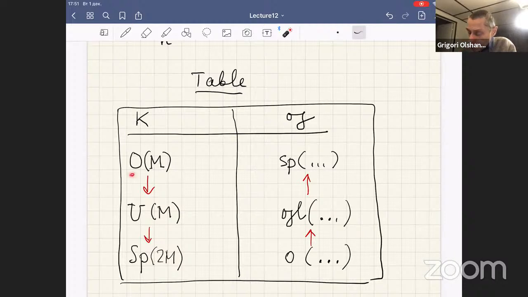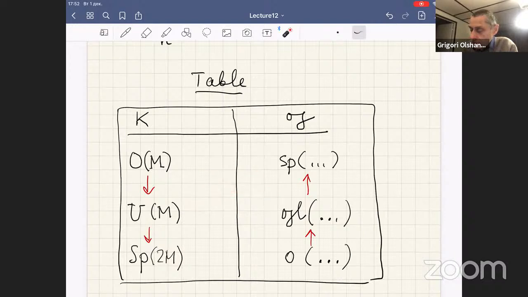So this is a subgroup, this is bigger, and this is bigger. But this is smaller, and this is even smaller. There are some embeddings in the reverse direction here. Some authors say that there are some seesaw pairs, kacheli in Russian.